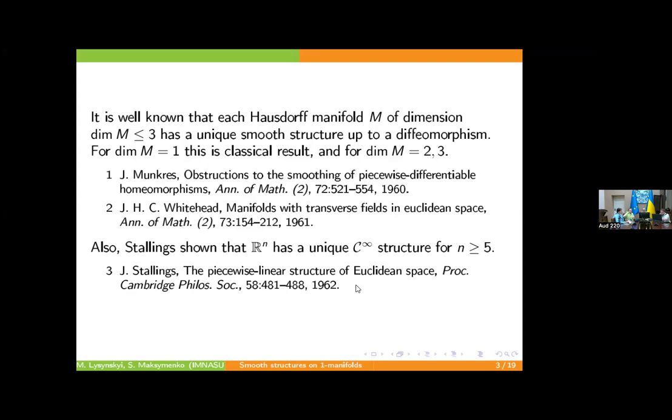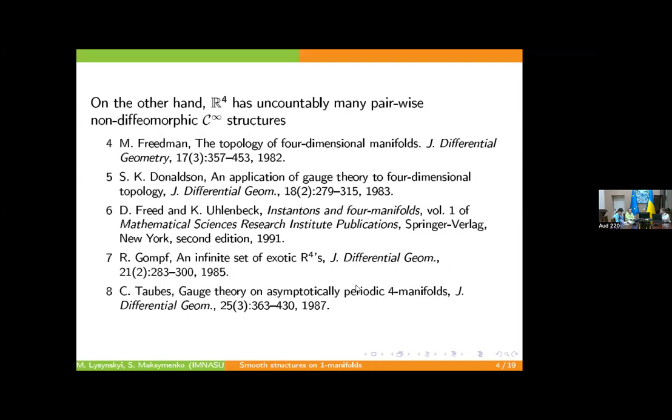It is essential that here I skip dimension 4. In dimension 4, this is a classical result related to the four-dimensional Poincare conjecture, which was proved by Freedman, but only in the continuous category, the topological category, not in the smooth category.